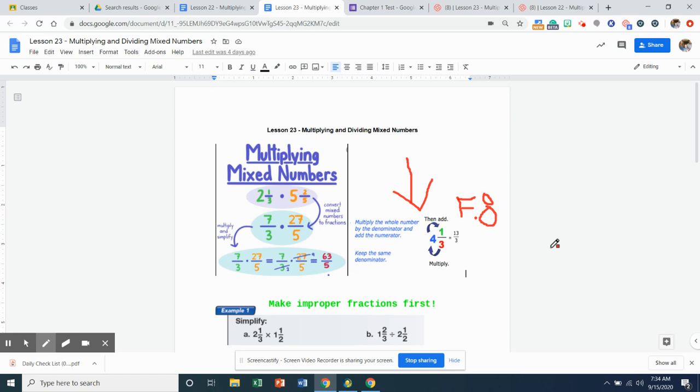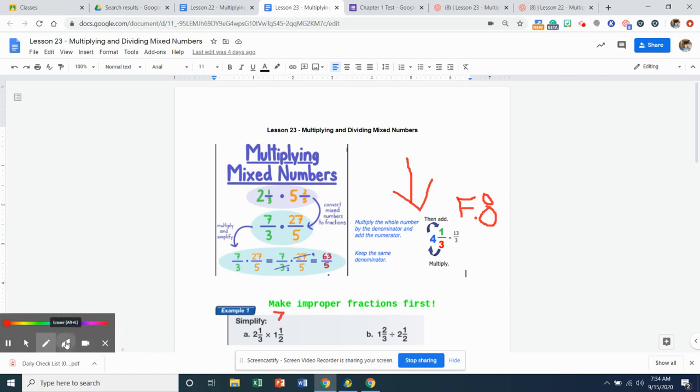Now all you're going to do is slide down right here, and you are going to see 2 problems. First, we have 2 1/3 times 1 1/2. What we need to do first is make improper fractions. So 3 times 2 is 6. 6 plus 1 is 7. So I have 7.